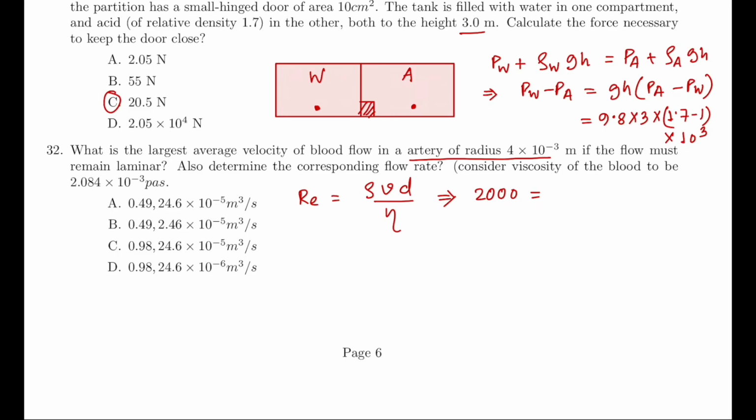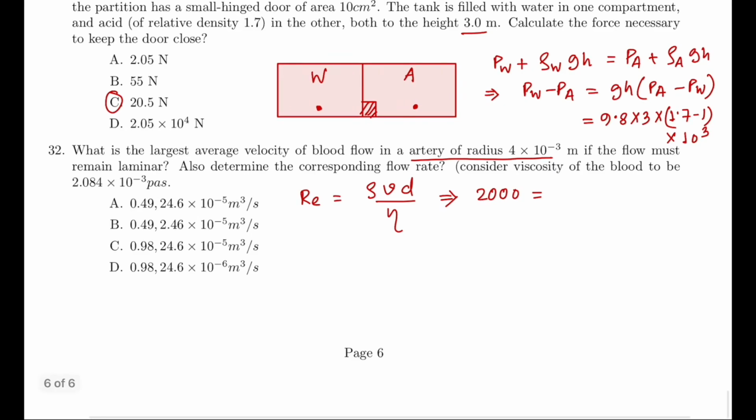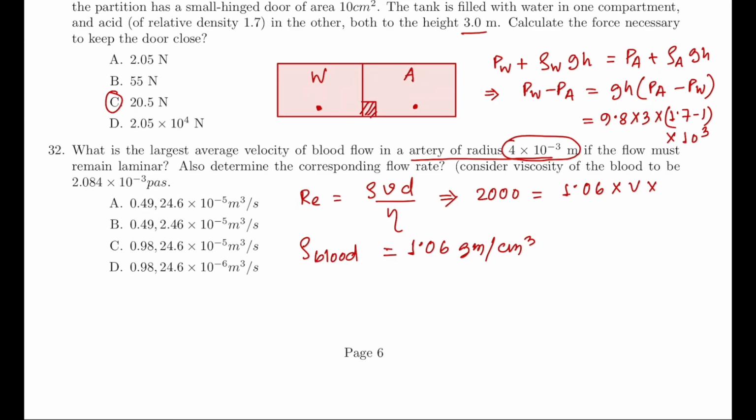and we'll use the CGS unit everywhere. So rho for blood is 1.06 gram per cubic centimeter. So you can write it as 1.06 into V into diameter. This is given in meter, so you have to convert to centimeter by multiplying 100.